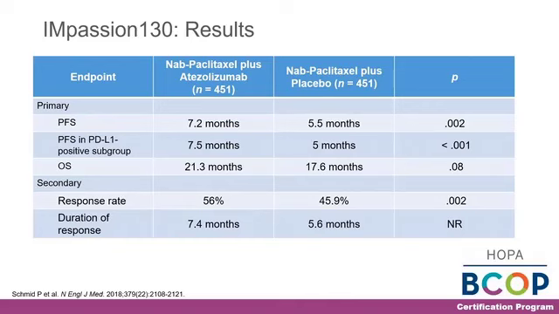In that subgroup, the progression-free survival was also statistically significantly higher than in the nab-paclitaxel plus placebo alone group. Overall survival was also higher, however, not statistically significant. And then the secondary endpoints are also listed here for you.